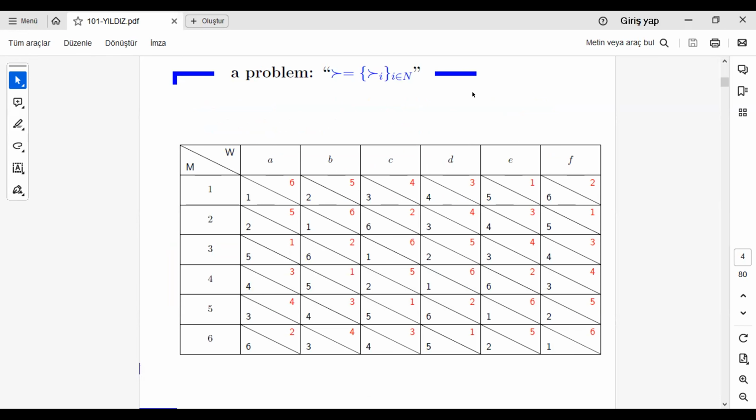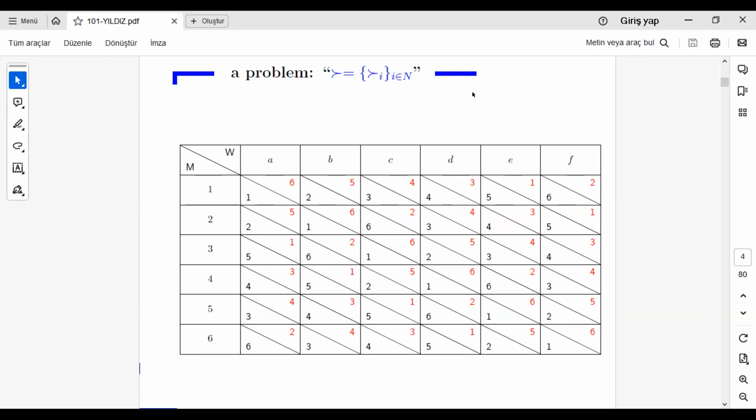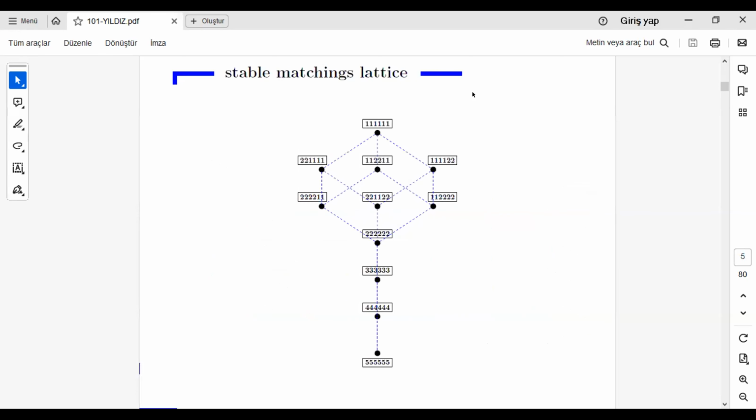The numbers below the diagonal, the black ones, give the rankings of the men over the women, and the red ones of the women over the men. What we're seeing is the lattice of stable matchings of this particular profile.